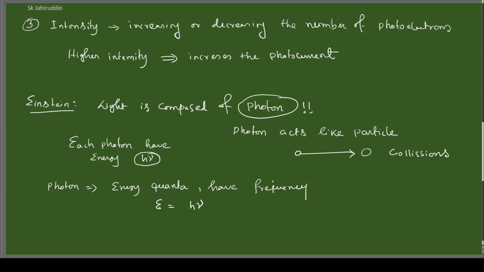Momentum: it acts like a particle, so it does collisions. So its momentum p should be h nu by c. That comes from the story of relativity, that for a massless particle energy is pc. Photon is a massless particle.